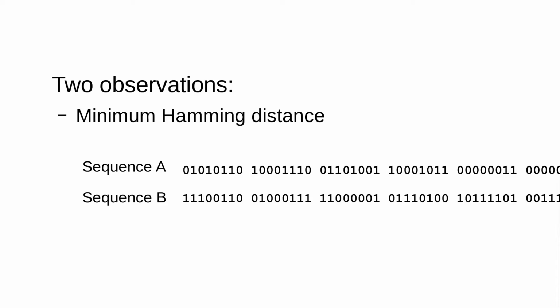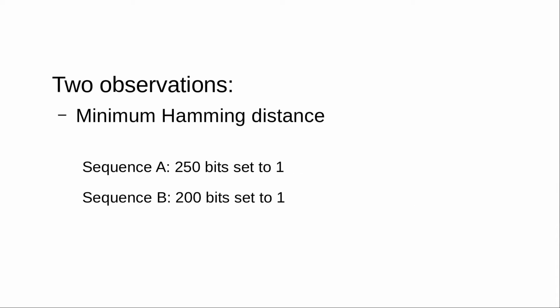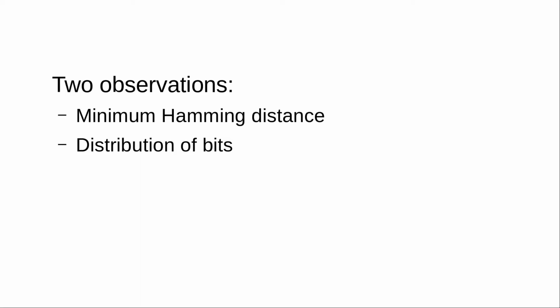Now, without knowing exactly where the bits are within these sequences, let's say that sequence A has 250 bits set to 1, while sequence B has only 200. At this point, we know that wherever the bits end up being, the minimum Hamming distance between these two sequences must be 50.